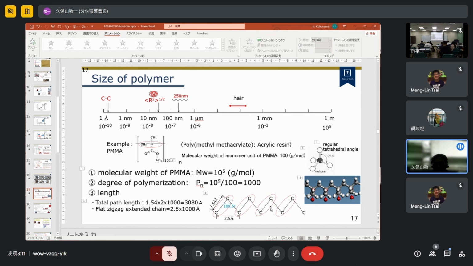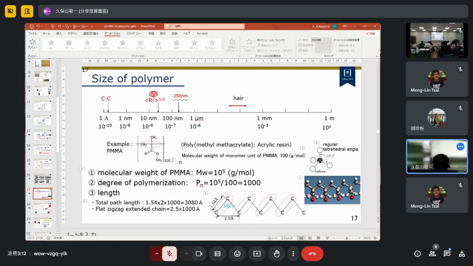So when you think about the zigzag structure, at first, consider the total path length of the polymer chain. Total path length means this length. The distance between two carbons is 1.54 angstrom. I'm sorry, one monomer unit has two carbon atoms.